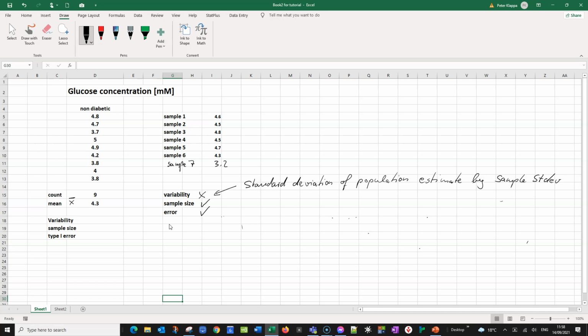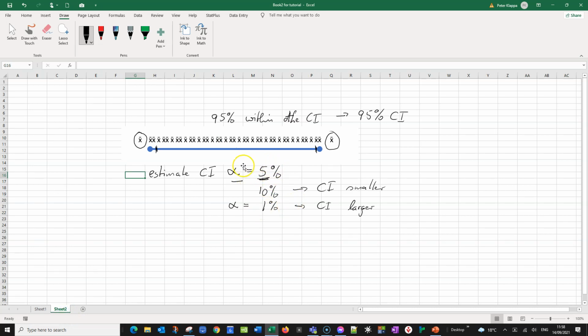Sample size, well, that's not too difficult. We can do that immediately. We can put that in here. So the sample size is just simply our count of 9. And for the type 1 error, we just simply go with the standard that we said, usually is set to 5%, which means that only 5% of all the samples that we can take will be outside this confidence interval.